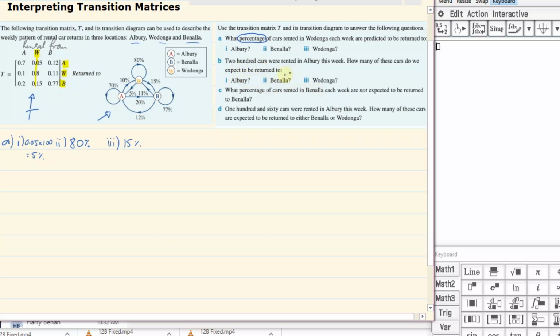Part B, 200 cars were rented in Albury this week. How many of these do we expect to be returned to Albury, Benalla, Wodonga?